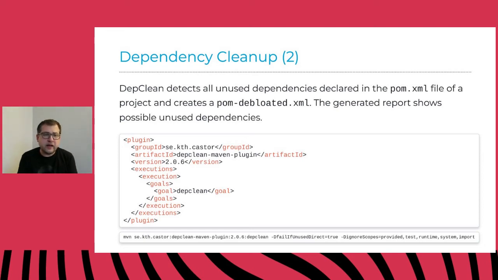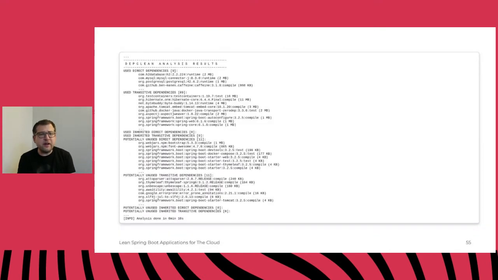And it can really find out what dependencies you are not using in your application. What it does, it creates a report. And the report was so long, I had to add in multiple places three dots, as you can see on the slide, just to shorten the sections.